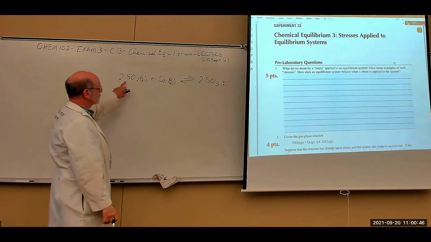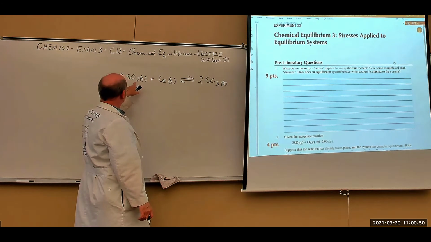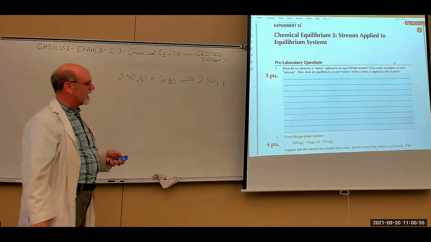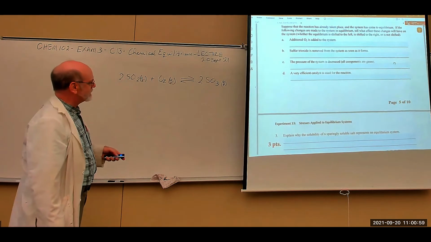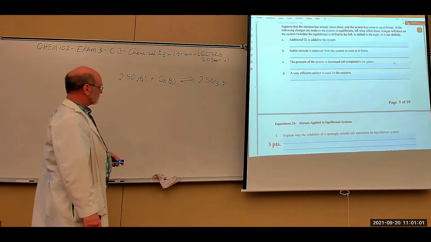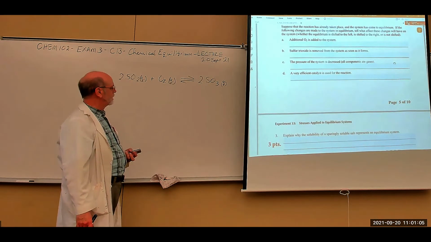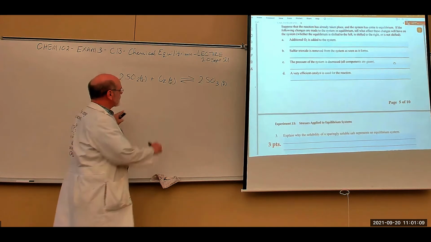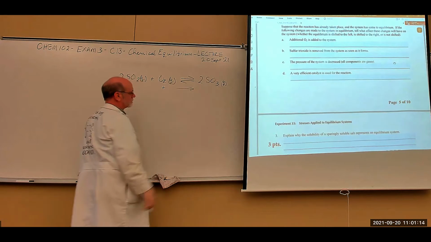Is that balanced? 2 sulfurs? 1, 2, 6. Yep, that's balanced. Now, what are we going to do for each one of these? Additional oxygen is added to the system. What will happen? If you have this balanced equation in front of you, you can say, adding this shifts to the right.